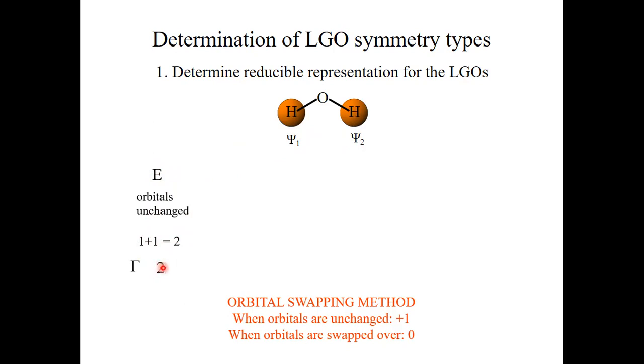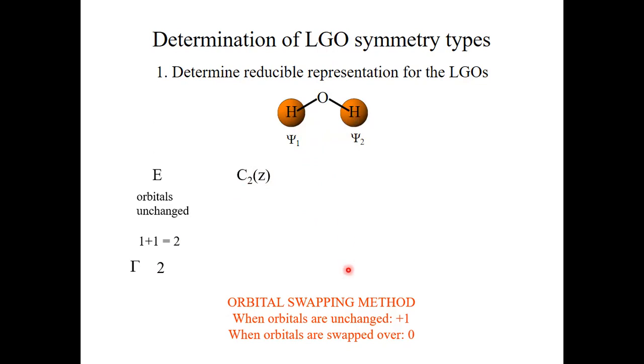So next we can go to the C2 symmetry operation. So we rotate around the z-axis, which stands here. So now in this case, do the orbitals get swapped or not? The answer is, well, yes, they are getting swapped because the 2 hydrogen atoms change their position as we carry out that symmetry operation.